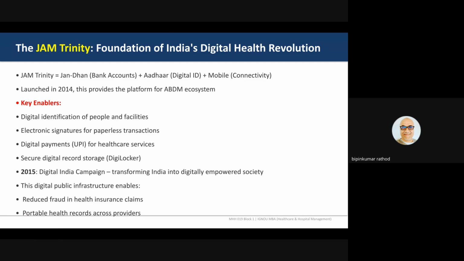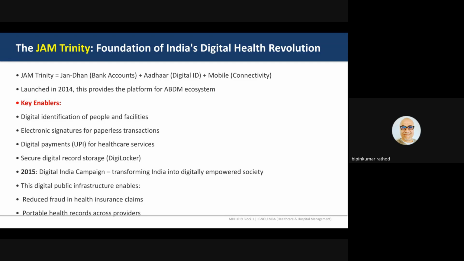One is the Jan Dhan bank account, that is a zero balance bank account for beneficiaries. The second is our well-known digital ID, our Aadhaar card. And the third is our smartphone for connectivity. And this was launched back in 2014. Now it's nearly 14 years that we are evolving the ABDM ecosystem.